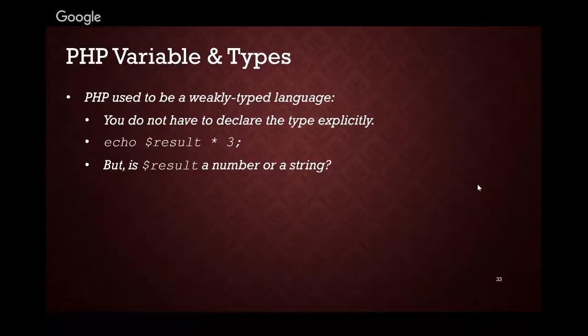So if you write result times 3, then of course it is correct. But what if result is a string? Because there is no compilation here, in C or in Java you will find that your program does not pass the compilation, and then you know there is a bug.